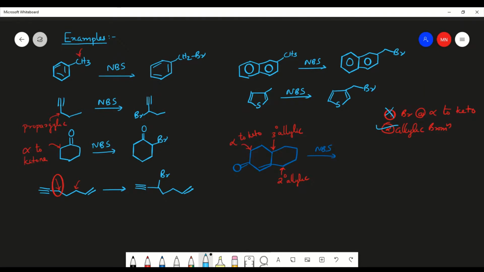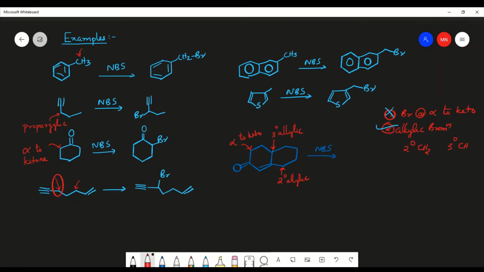Now in allylic bromination also you have a secondary position and a tertiary position. Okay, where will it happen? So if you are having two sites, like one is a secondary methylene group, and the other one is a tertiary methyne group, right?